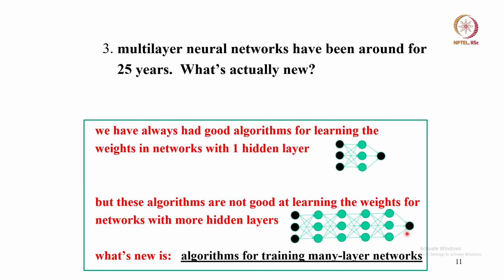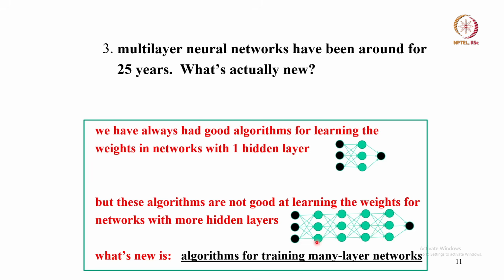If you have to find the error and use back propagation, you find that it is not possible to use it for so many hidden layers. There is what is called the vanishing gradient problem, because the gradient becomes smaller and smaller and smaller, and it's not possible to do this.